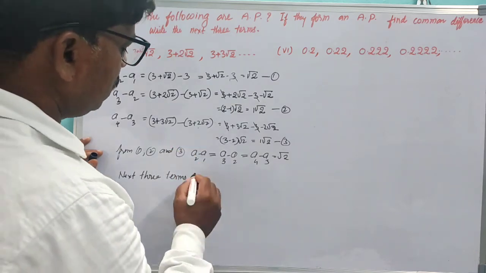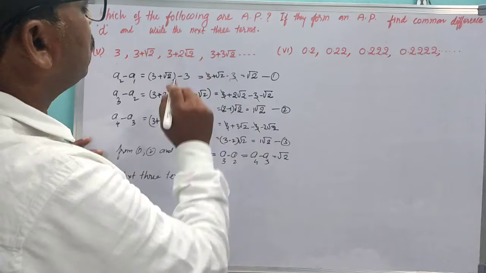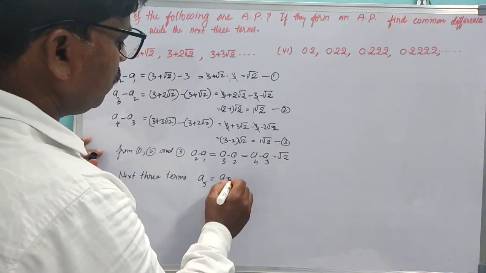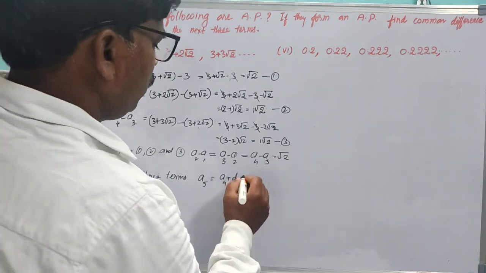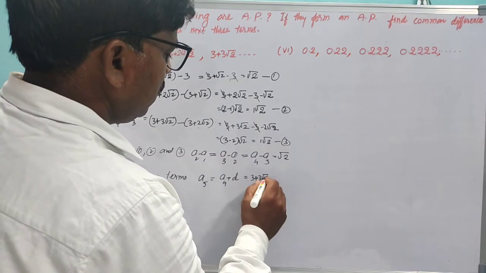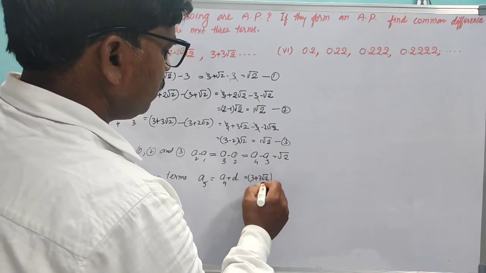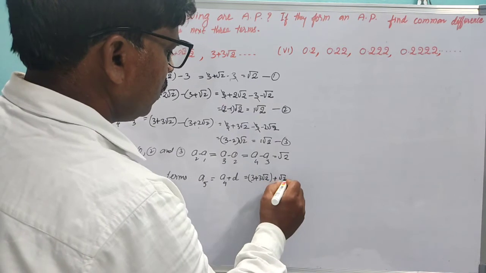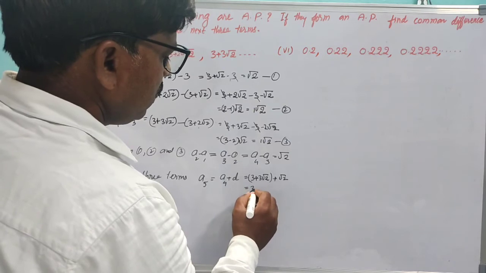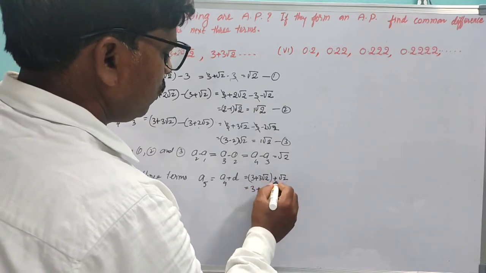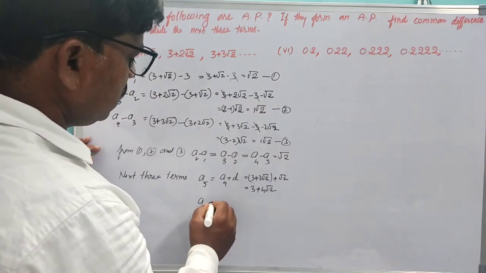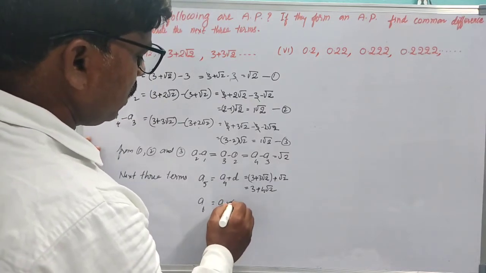Next 3 terms. So first, second, third, fourth. Now the fifth term. We have to write the fifth term. a5 is equal to a4 plus common difference. Now what is a4? This is a4, 3 plus 3 root 2. So this is the fourth term and the common difference is root 2. Now it is equal to 3 plus 3 root 2 plus 1 root 2, so 3 plus 4 root 2. And the sixth term is the fifth term plus common difference.